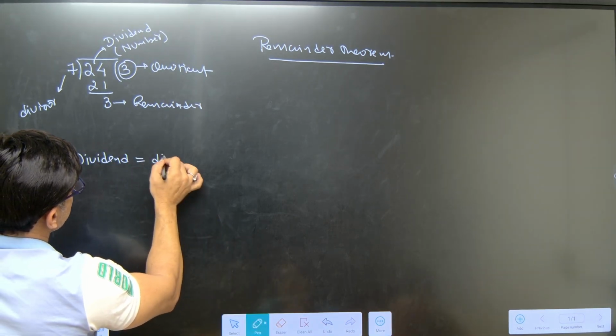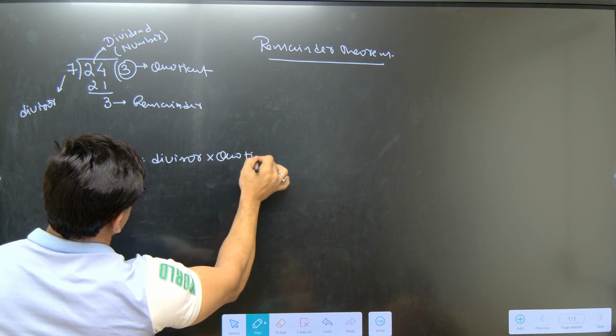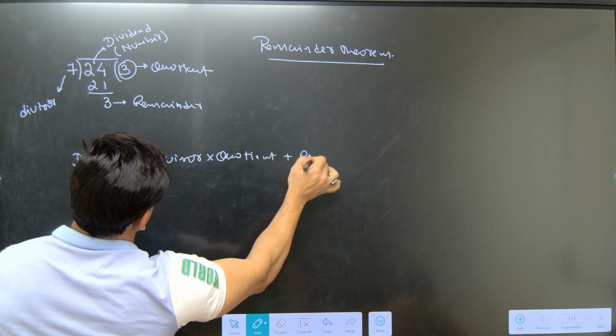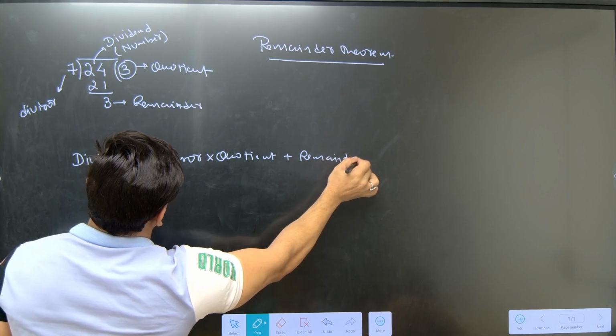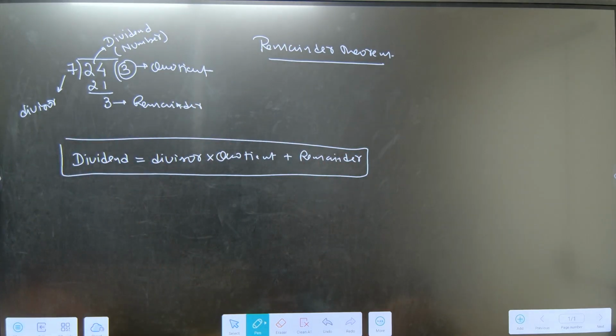Dividend is equal to divisor into quotient plus remainder.